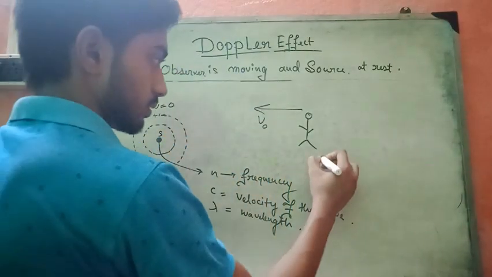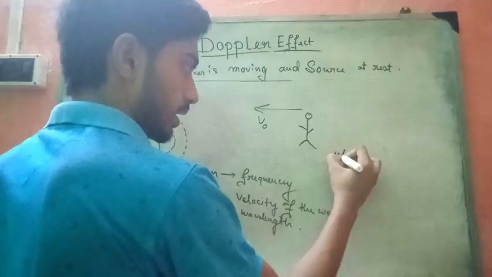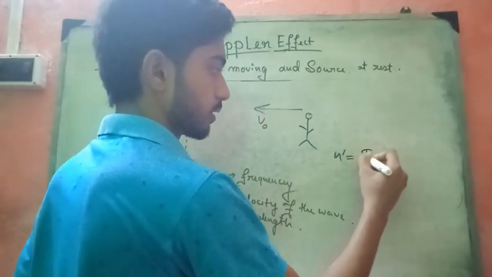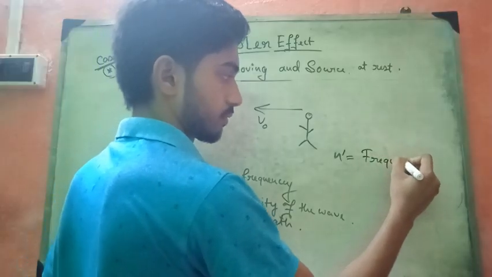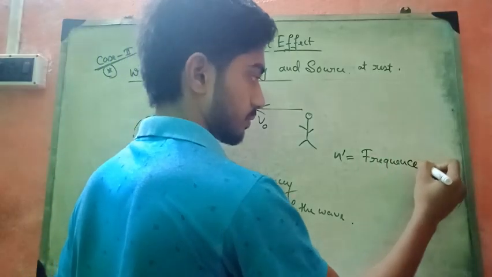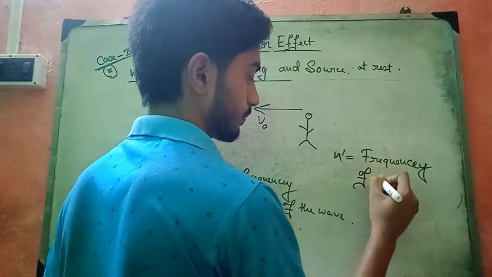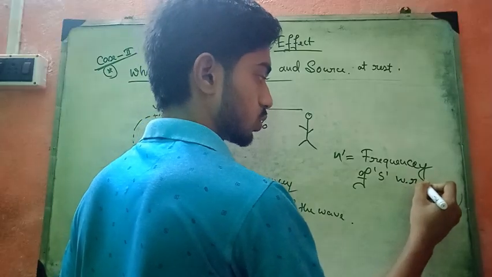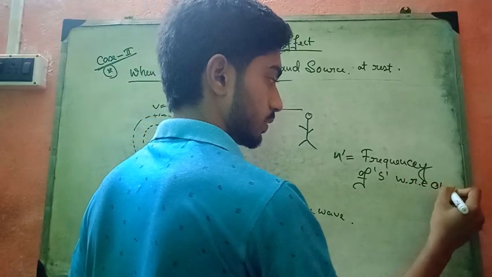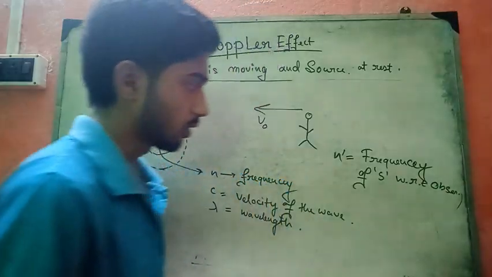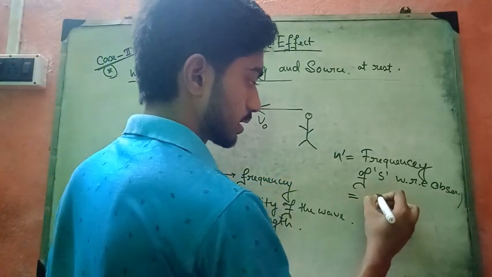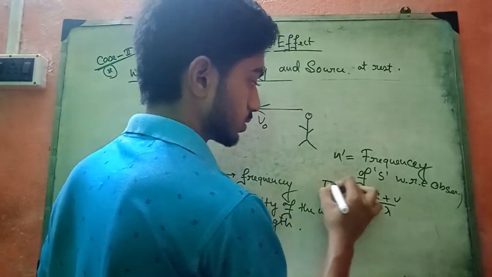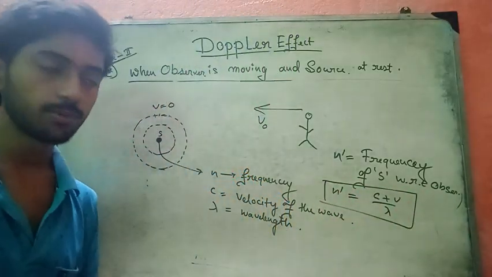Now n dash is the frequency of the source with respect to the observer: n dash equals c plus v by lambda.